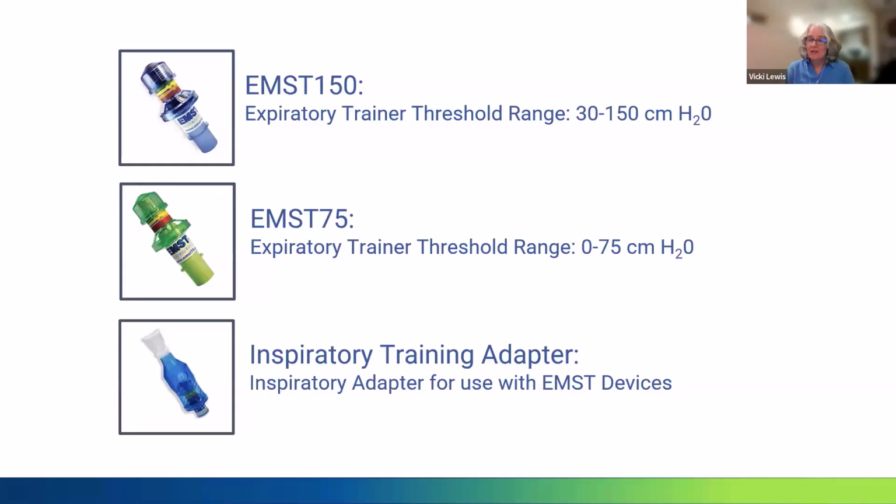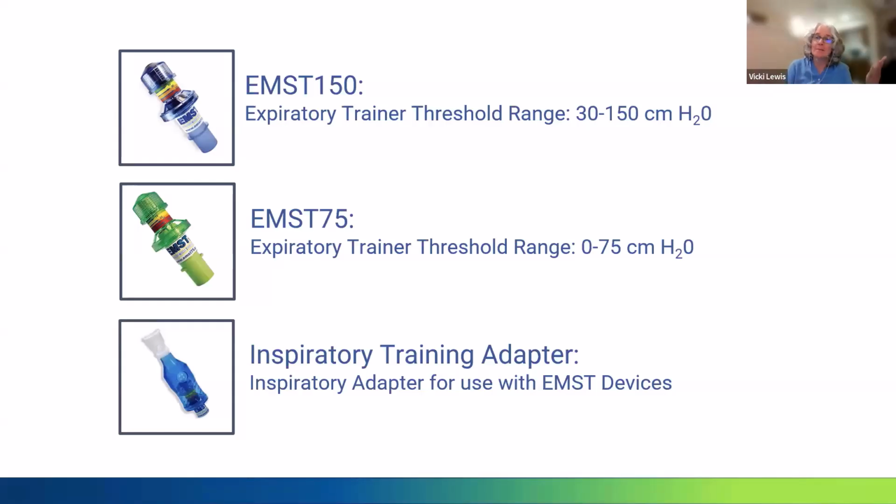The EMST 75 device from Aspire does have a HCPCS code for billing purposes for Medicare, which I feel like is worth mentioning because it may make the difference for a patient to be able to obtain the device. At the bottom there is an inspiratory training adapter. If you look at the picture there, you can see the device, and then you put the EMST device into the adapter to turn it into an IMST.